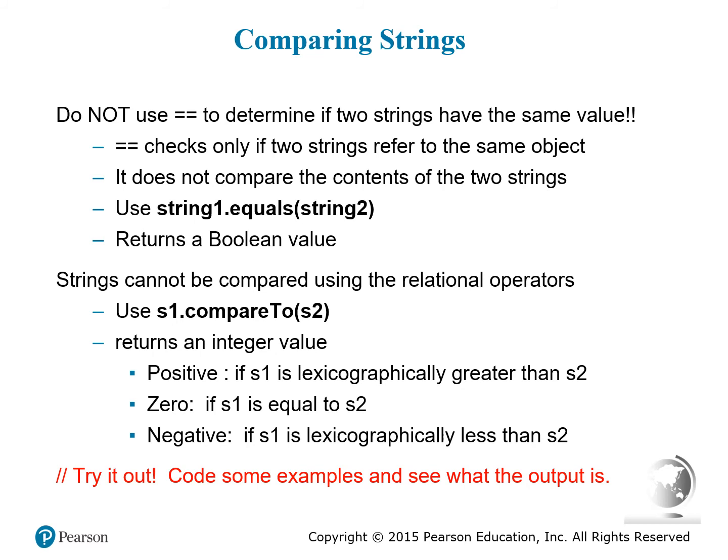So s1.compareTo(s2) returns a positive integer if s1 is greater than s2. It returns a negative integer if s1 is less than s2, and returns 0 if s1 equals s2.